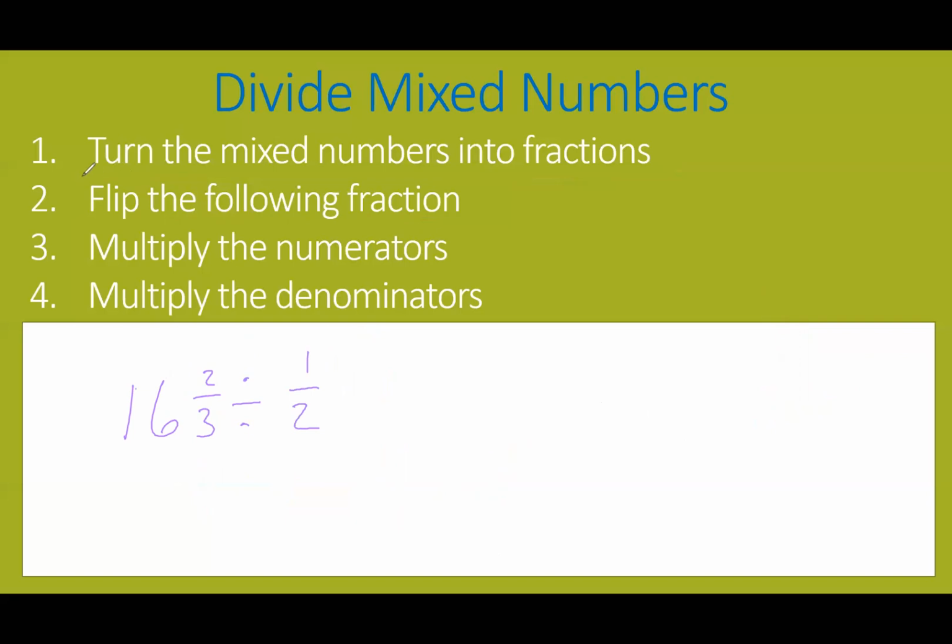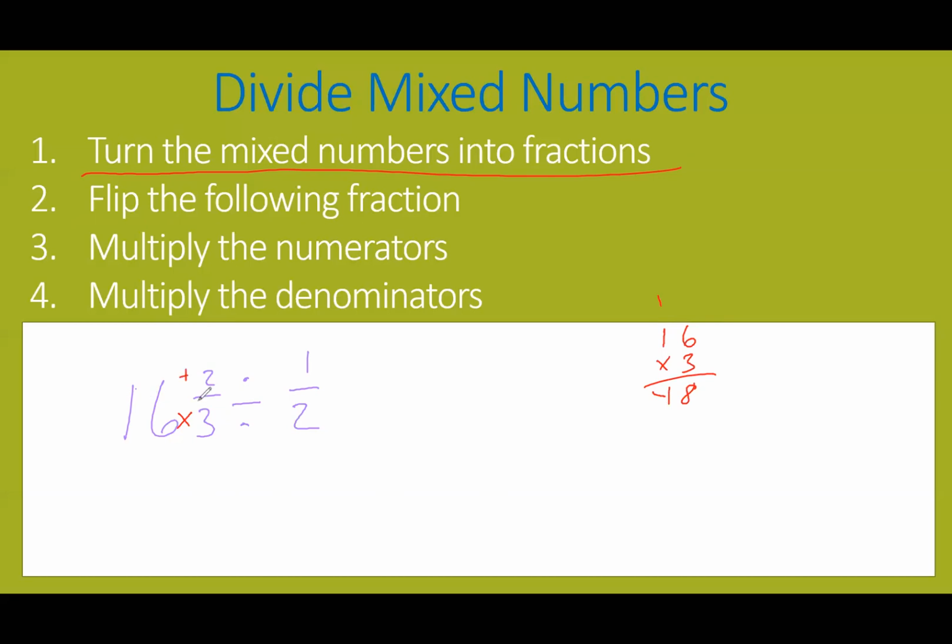Okay, step 1, turn the mixed numbers. Oh, I made this one too easy. Okay, it's all right. We'll do one more after this. Are you ready? 16 times 3. Oh, man. 16 times 3. 6 times 3 is 18. 3, that's 48.